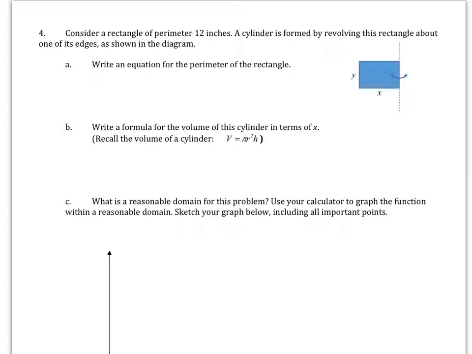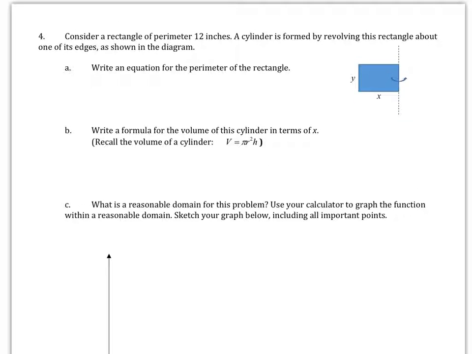Okay, and the last problem today made you think a little bit back to geometry, probably, where we're taking this rectangle here, and we're going to rotate it around this axis. Okay, so we're going to rotate it around this axis here.